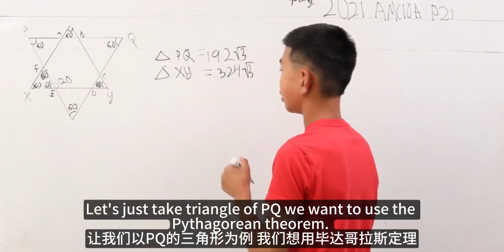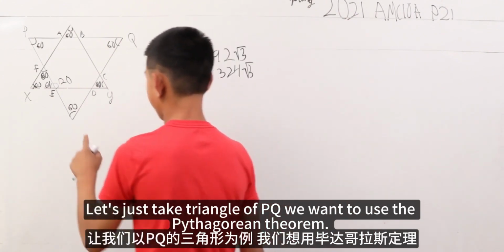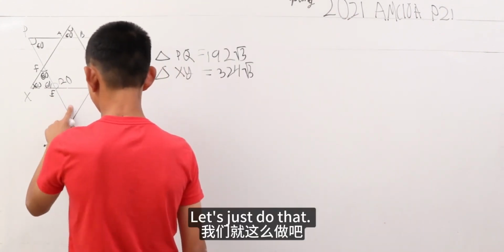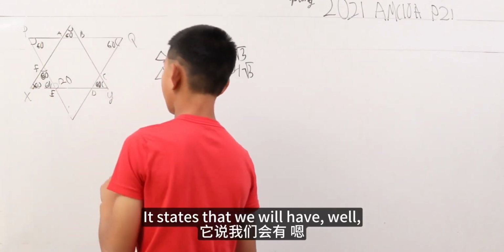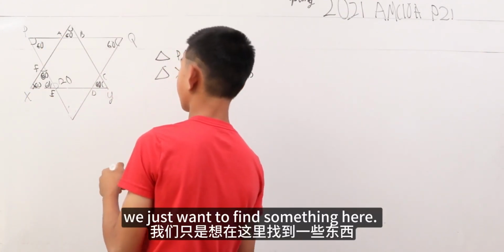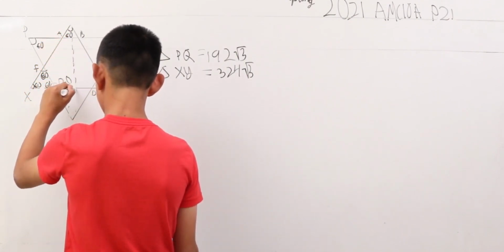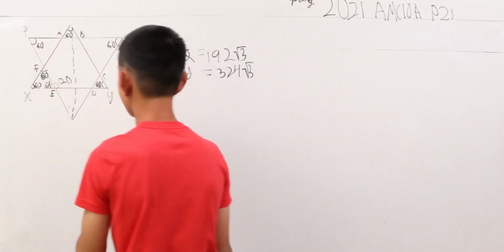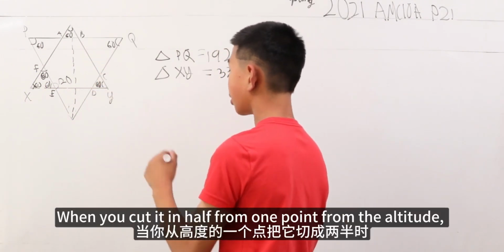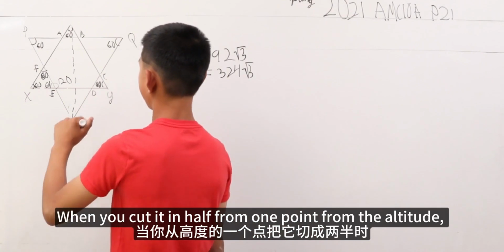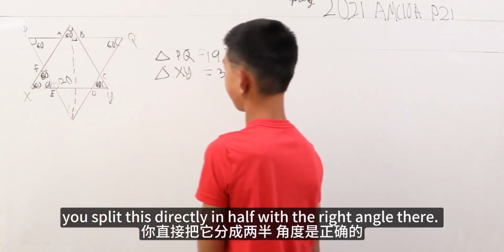Well, let's just take this triangle of PQ. We want to use the Pythagorean theorem. So this is an equilateral triangle. When you cut it in half from the altitude, you split this directly in half with the right angle there.